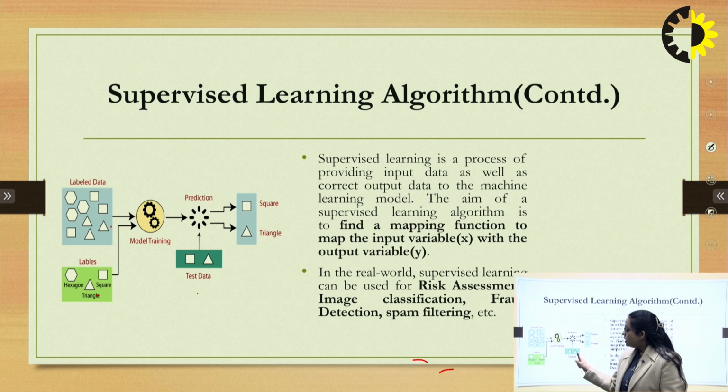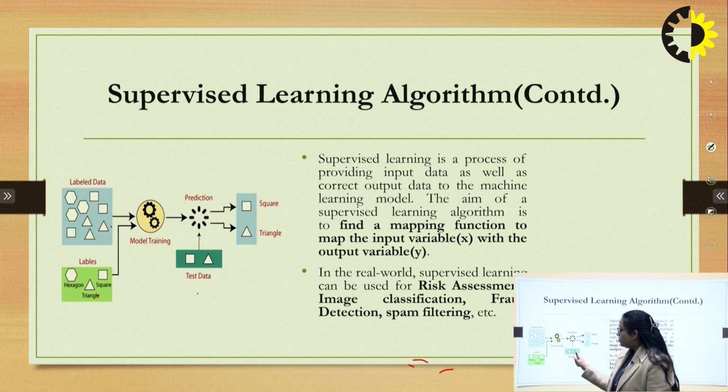So on the basis of prior experiences, which we have discussed in our first lecture also, prior experiences are the intricate patterns or relationships that we have identified while training the model.